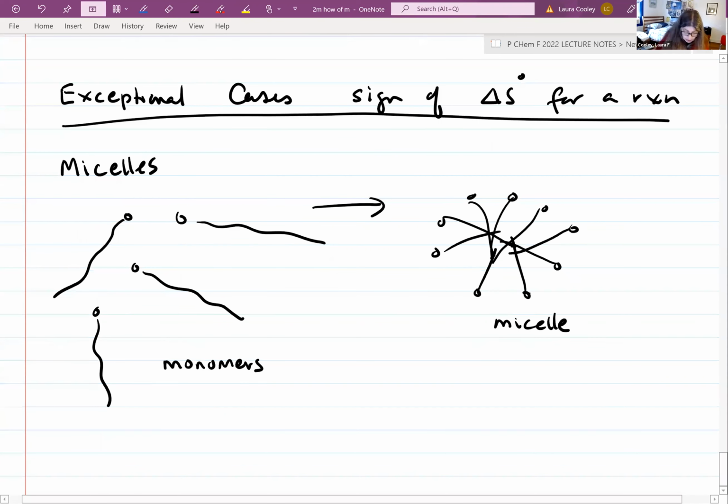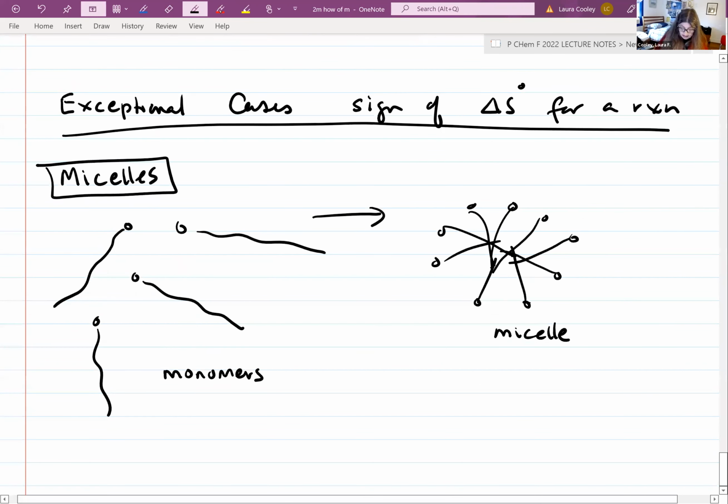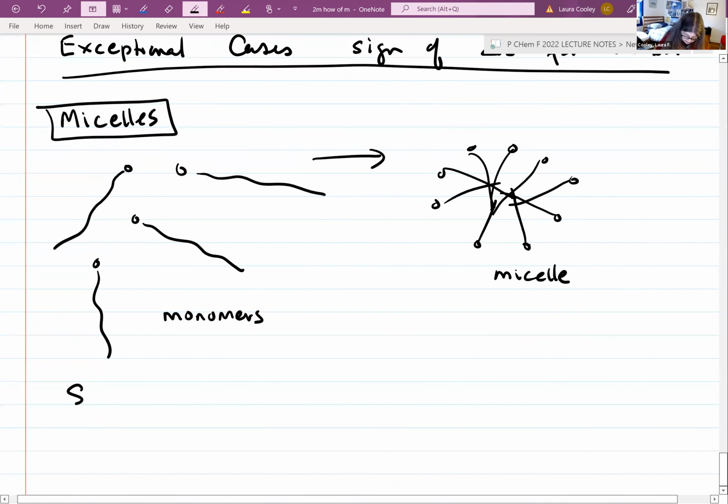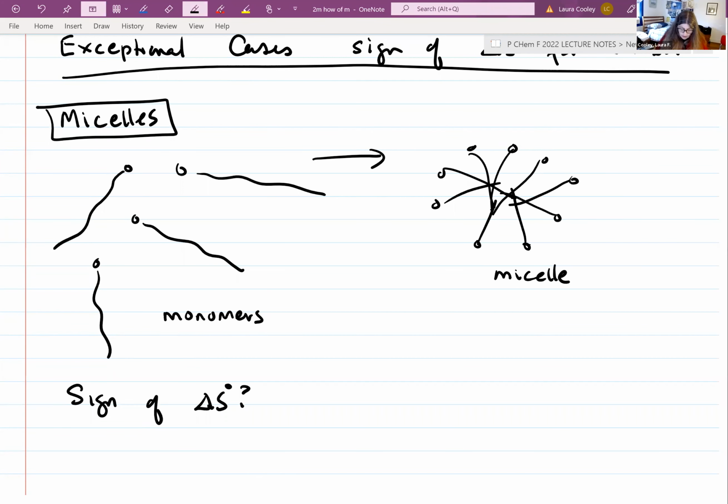So what would you think about the sign of delta S? Well, as far as these monomers are concerned, these detergent molecules, the CTAB molecules, they do become more ordered.